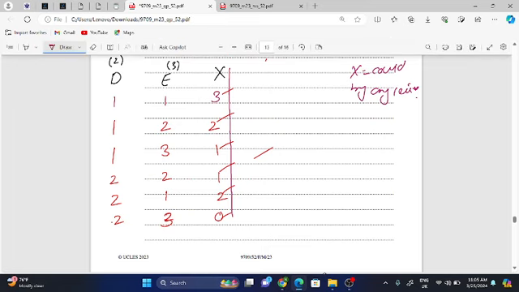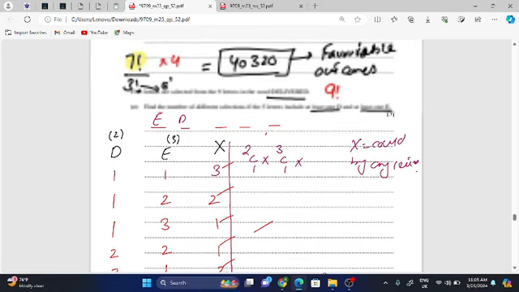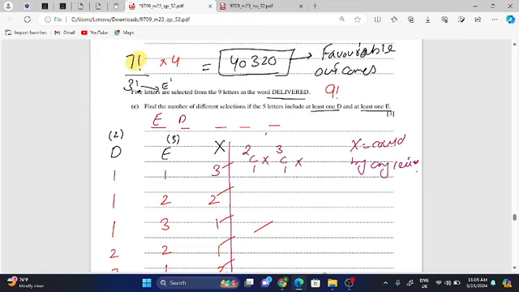So I will find the combination of it first. Just write it down as 2C1, because total D's are 2, out of which I am getting 1, times 3C1 for total E's are 3, times X. X could be treated as 4, because out of 9 letters 2 are D's and 3 are E's, so 5 would be taken off from 9, so that becomes 4.